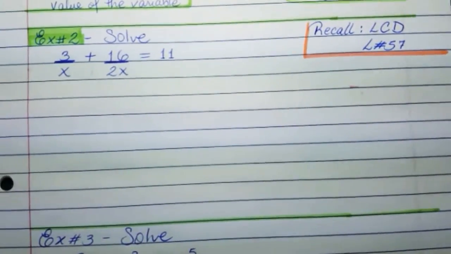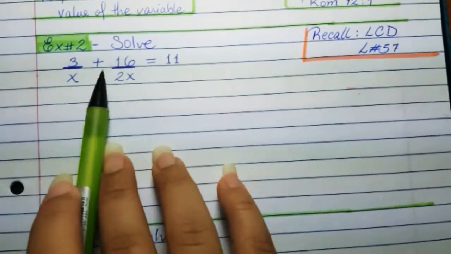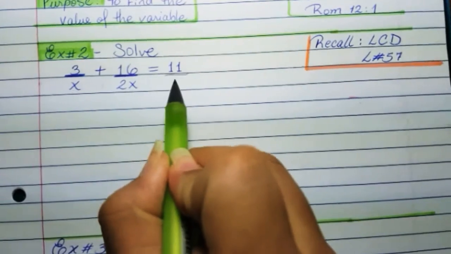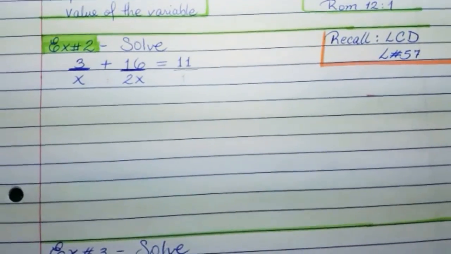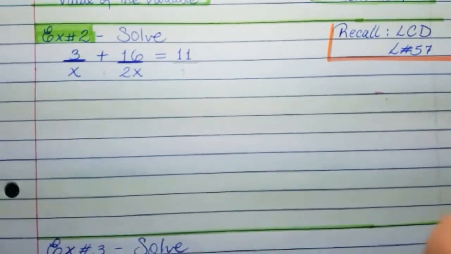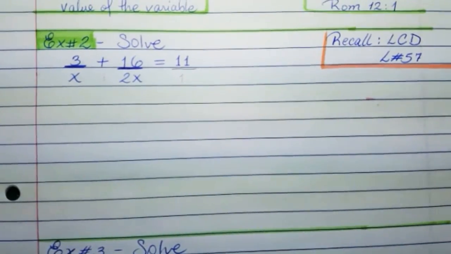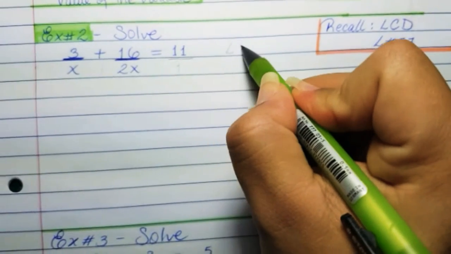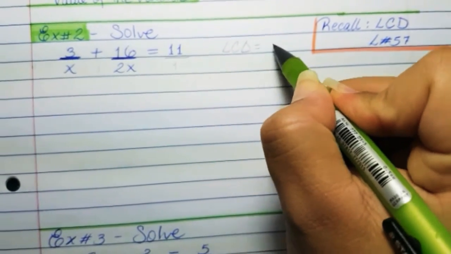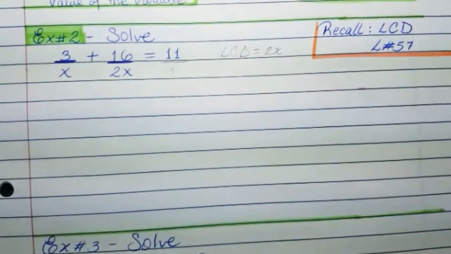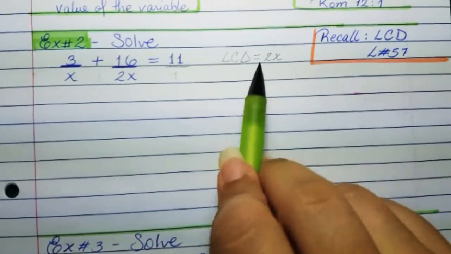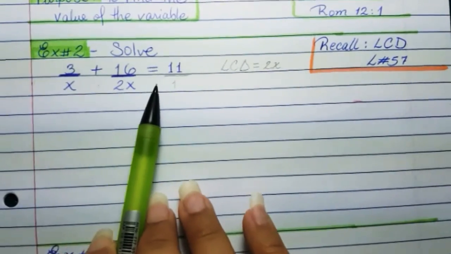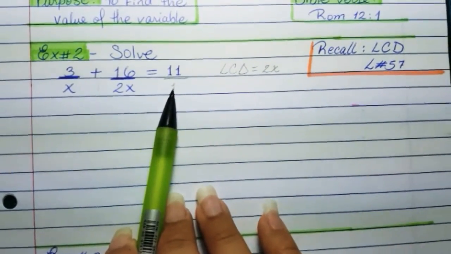Between the three terms, since 11 is not a fraction, we can put a 1 in the denominator. The least common denominator is a term that contains all of the denominators. In this case, our least common denominator will be 2x, because 2x is divisible by x, is divisible by 2x, and is also divisible by 1.